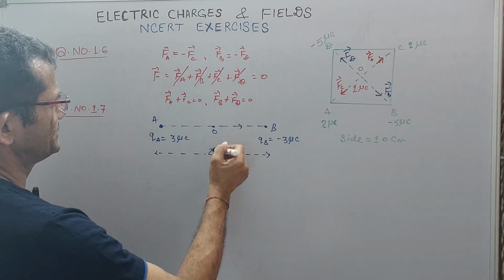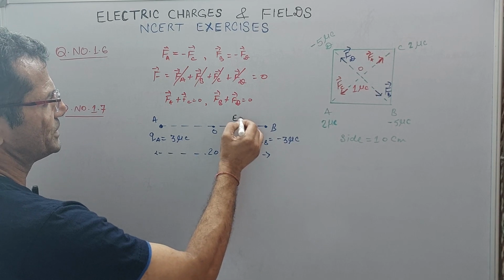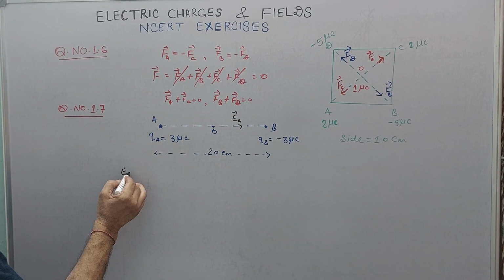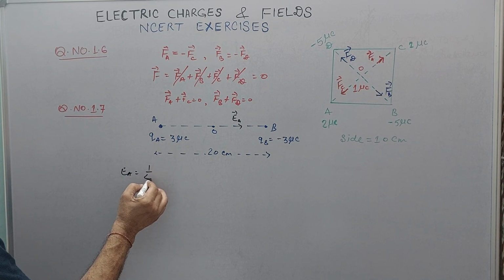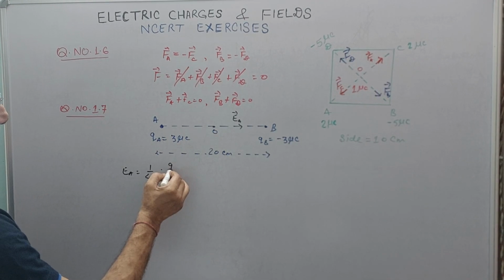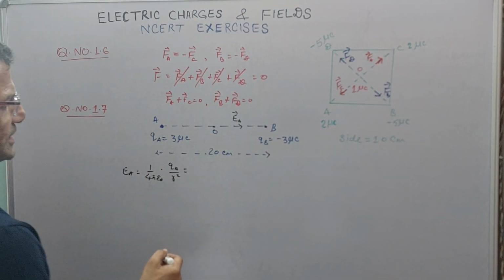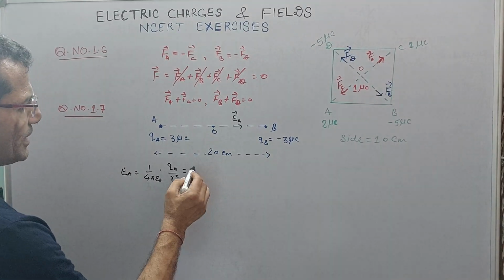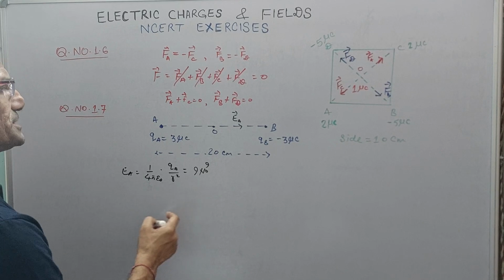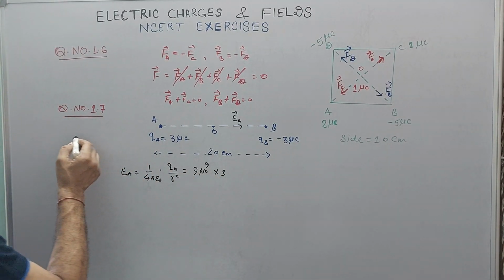So now the electric field due to charge QA will be along this one. Now its value in magnitude: EA is equal to 1 upon 4 pi epsilon naught, and this is the formula, QA divided by r square. So 1 upon 4 pi epsilon naught has the value 9 into 10 to the power 9 in SI system, and charge QA is 3 micro.